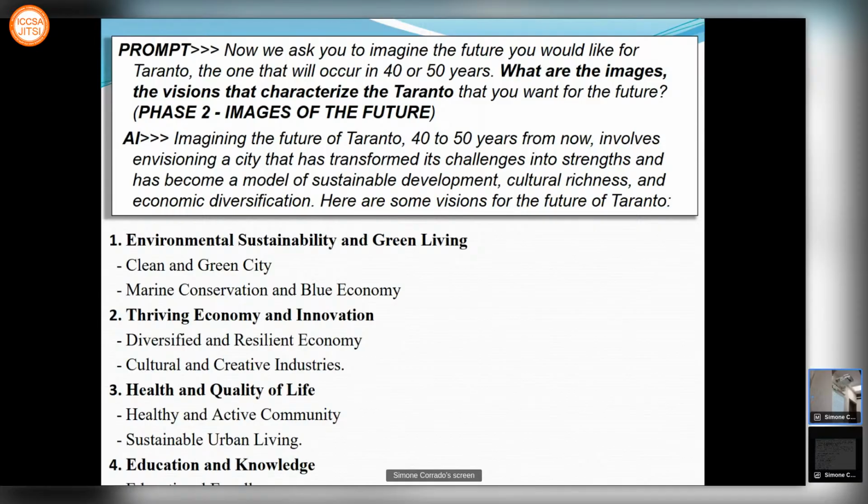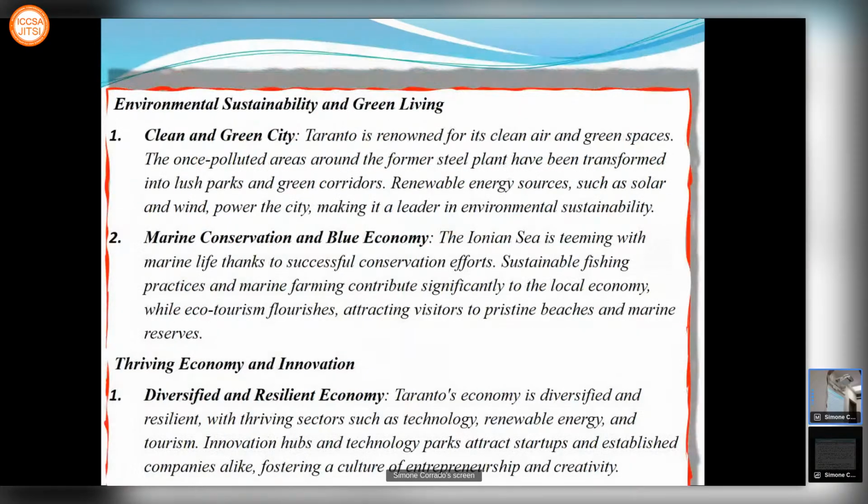There are a number of them, I think 5, but anyway. So this is an example of what the AI said. It is very detailed in some way. There are some issues that we will deal with in a while.